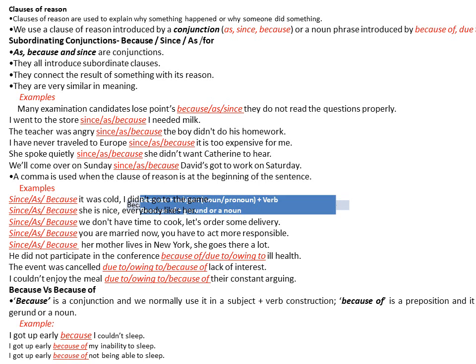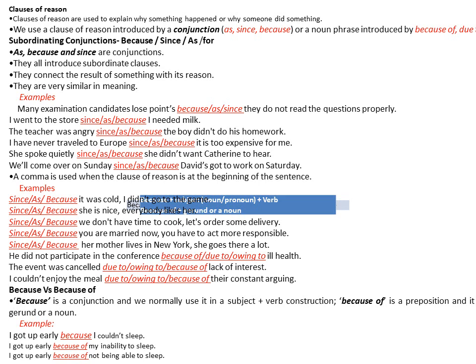Examples: as, since, because, or a noun phrase introduced by because of, due to, or supporting conjunctions. The supporting conjunctions are because, since, as, for, most of the time followed by a clause. As, because, and since are conjunctions.